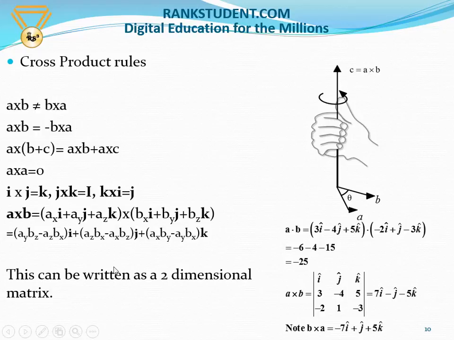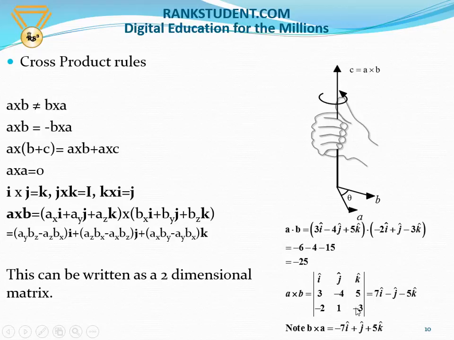In this example, for instance, A cross B. The way you multiply two vectors A cross B is very simple. You write down I, J, and K, I, J, and K, and the components of the vectors A and B: 3, minus 4, and 5; minus 2, 1, and 3.